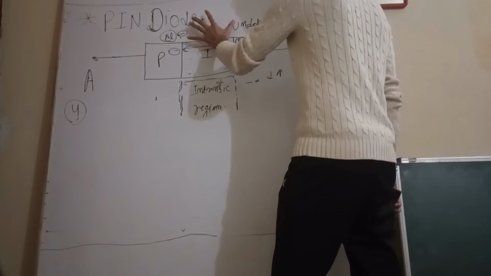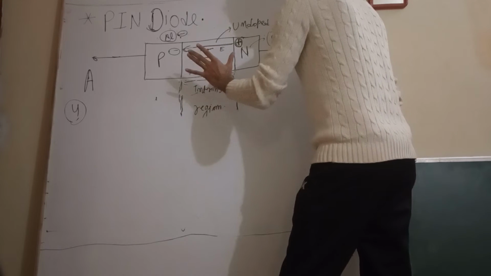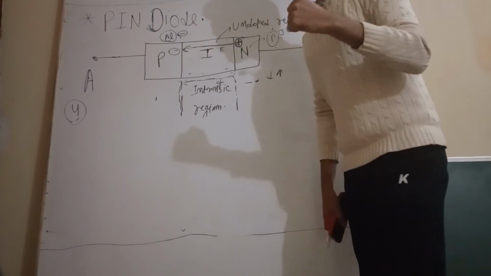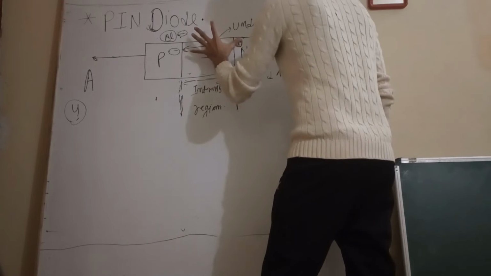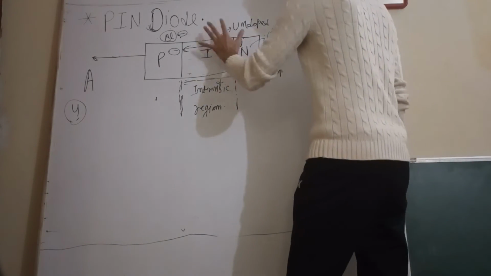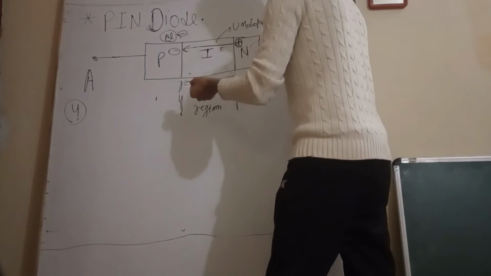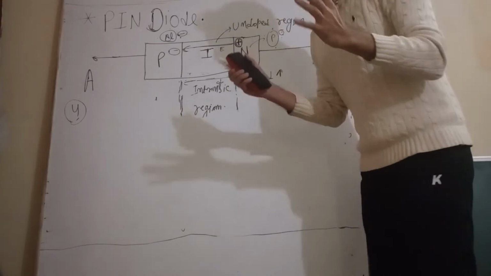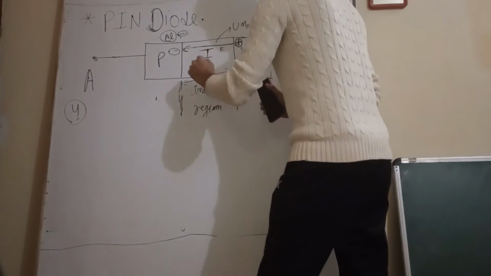Whatever radiation is coming from the sunlight will get absorbed within this large area, and hence we can generate a lot of charge carriers within this intrinsic region. So the fourth feature is that the intrinsic region provides a large area for radiation absorption.